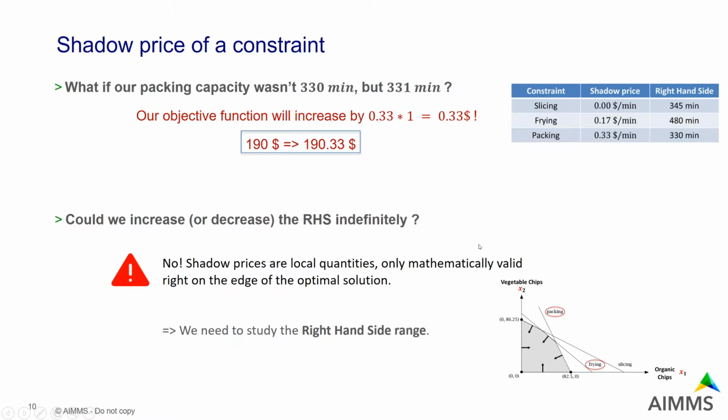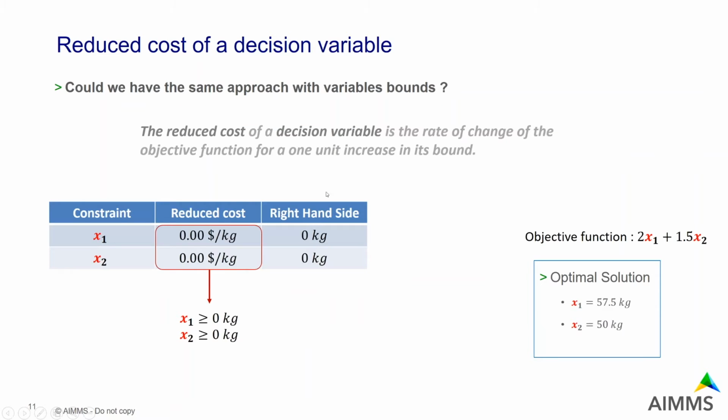Now, could we apply this concept to a variable? Yes, because our variables are subject to some bounds, and those bounds could be implemented as constraints. This is what we call the reduced cost, which is the rate of change of the objective function for 1 unit increase in its bound.